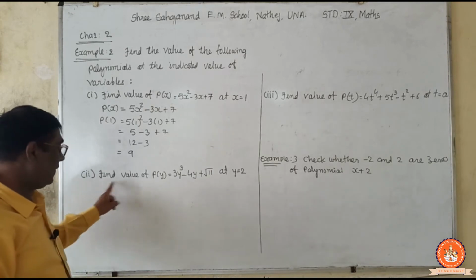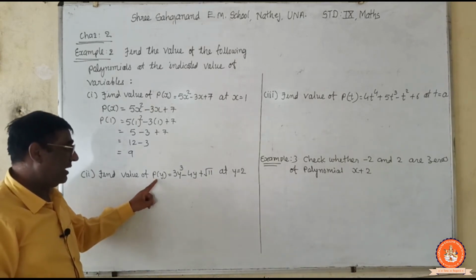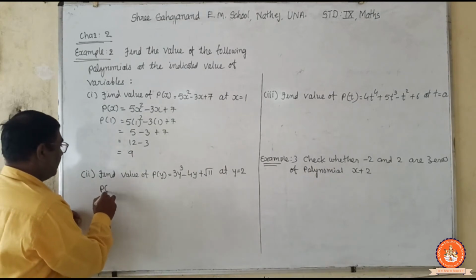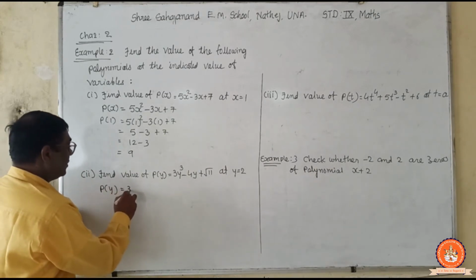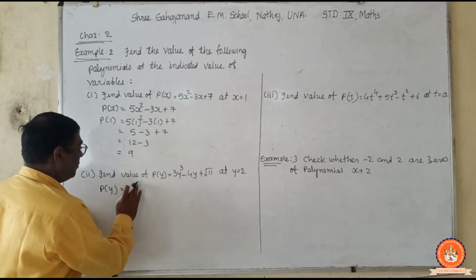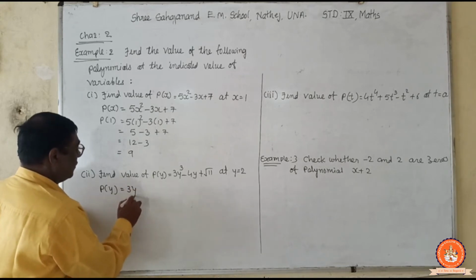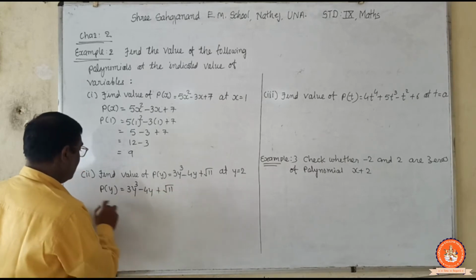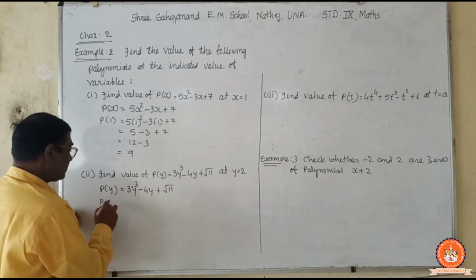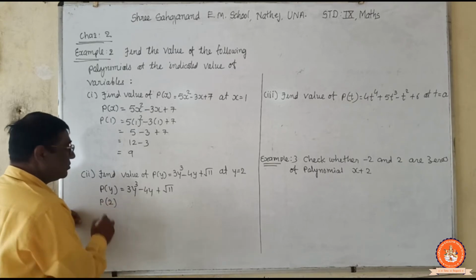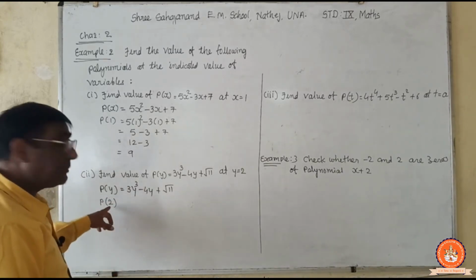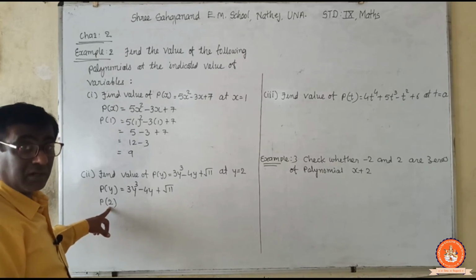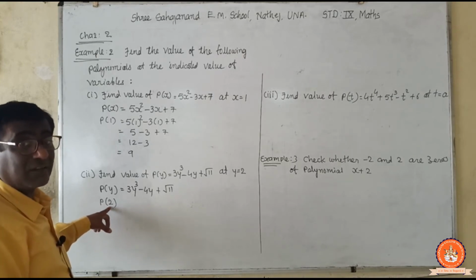Okay, now find the value of p of y at y is equal to 2. Now p of y is equal to 3y cube minus 4y plus root 11. So p of 2, the interpretation, p of 2 means the value of the polynomial at y is equal to 2.